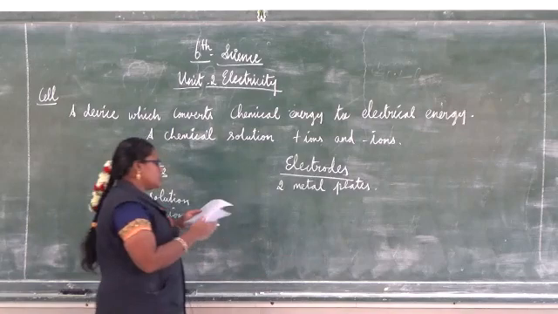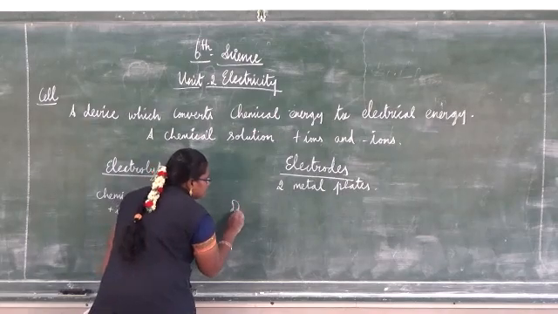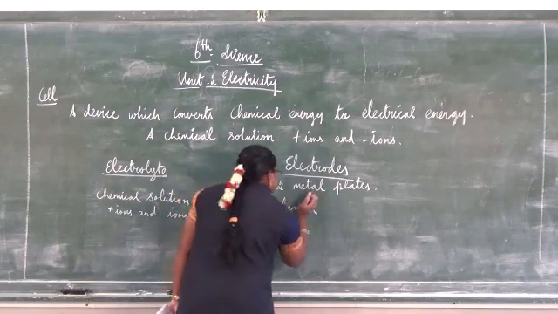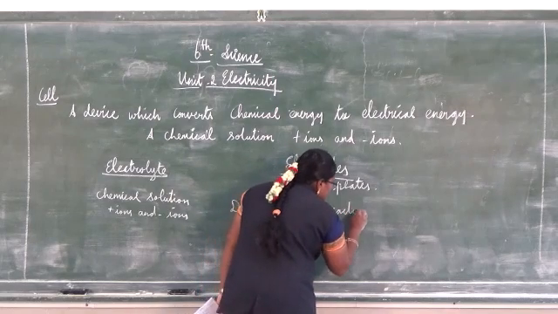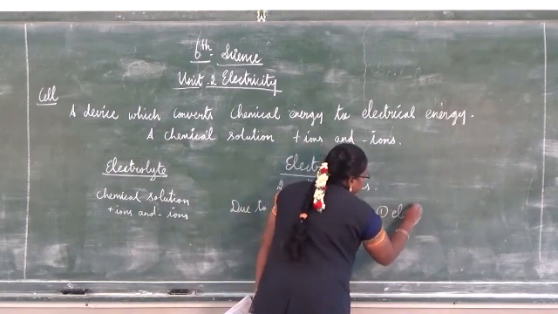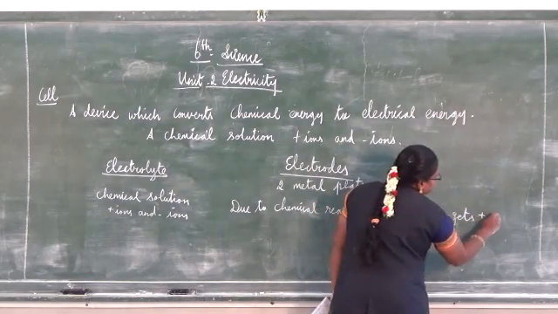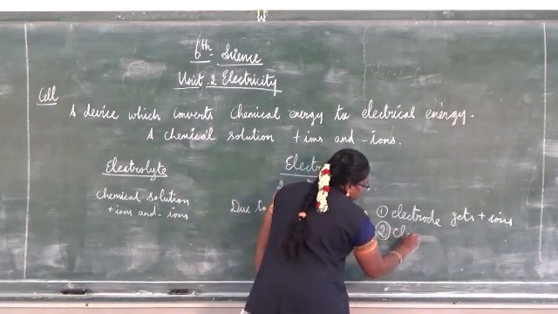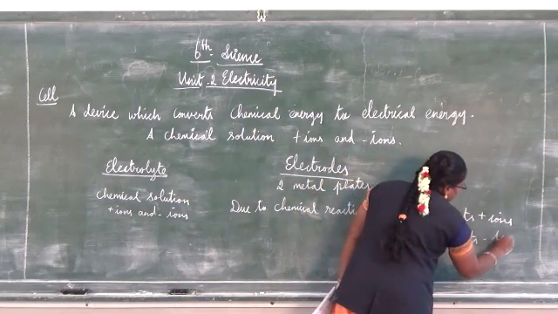Understand? Yes. Due to chemical reaction, what happens? One electrode gets positive ions, and the second electrode gets negative ions.